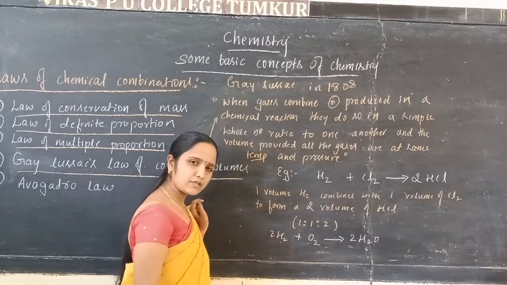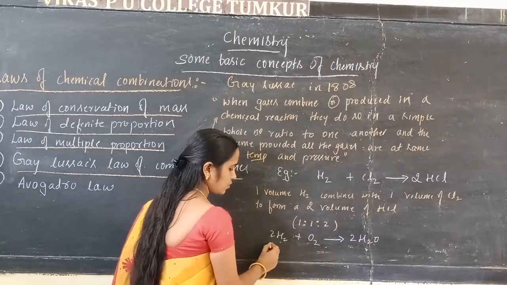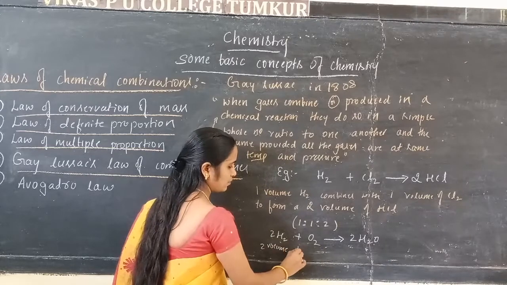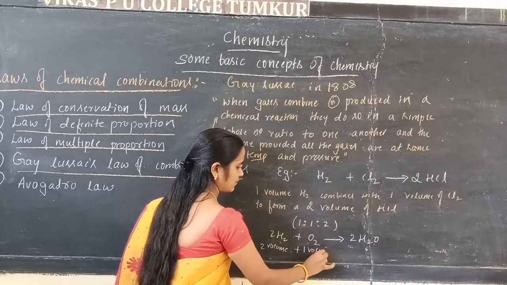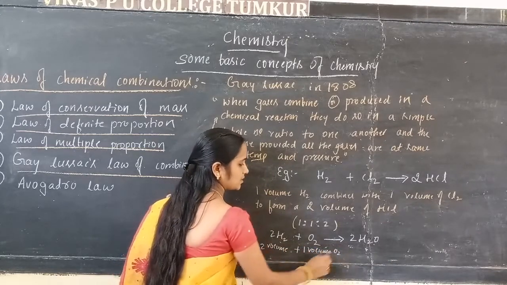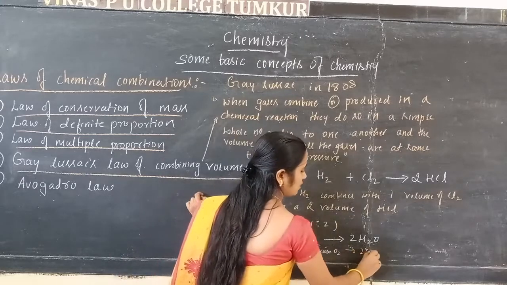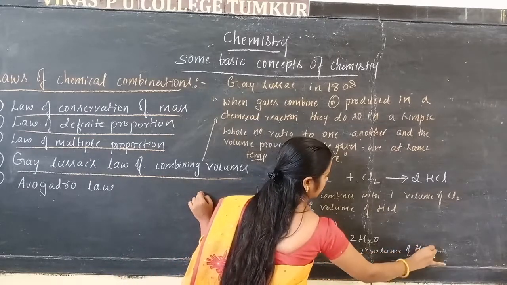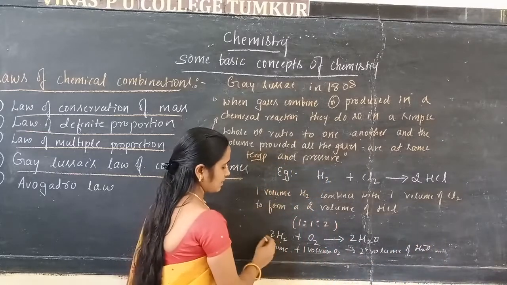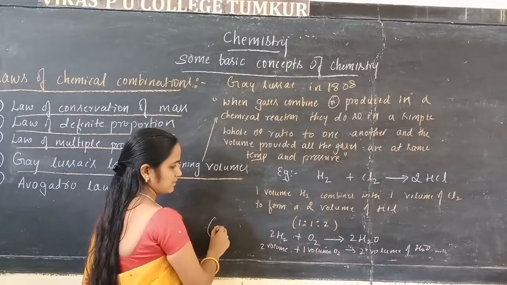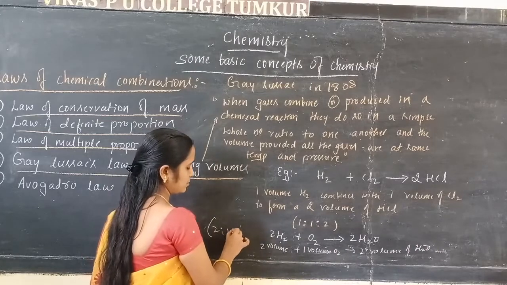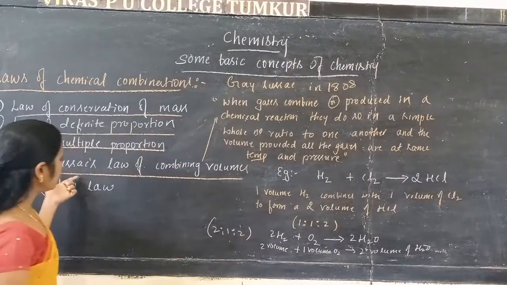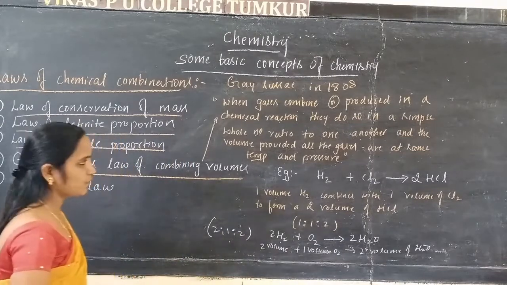This is in the ratio that 2 volumes of hydrogen combine with 1 volume of oxygen to form 2 volumes of water. So the ratio is 2:1:2. This is Gay-Lussac's law of combining volumes.